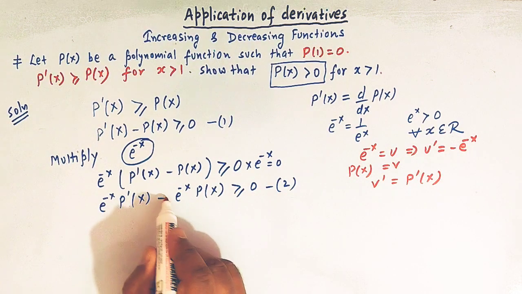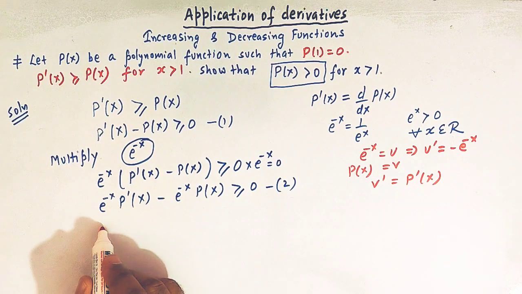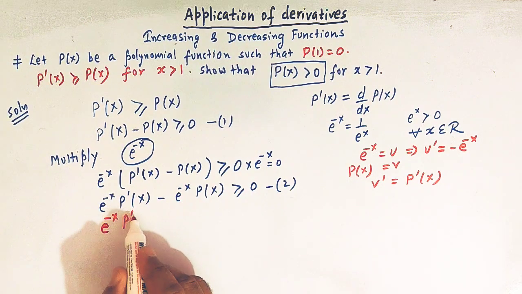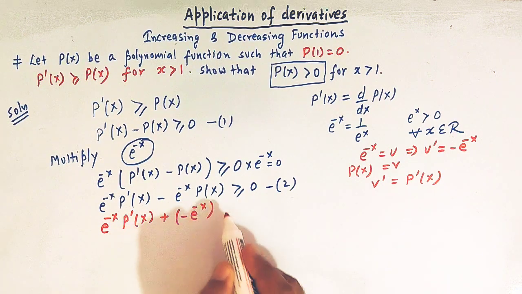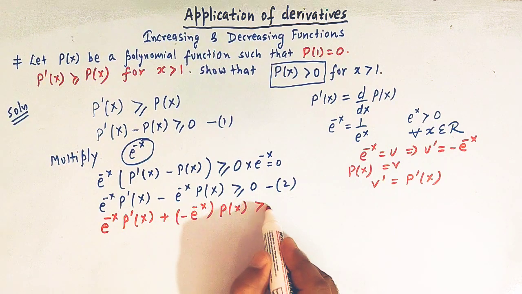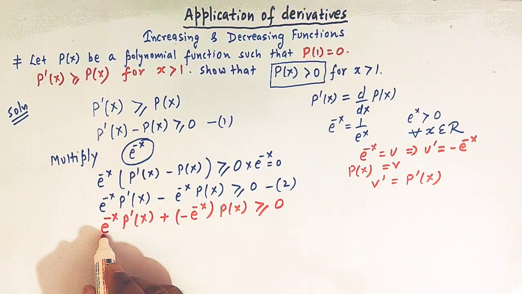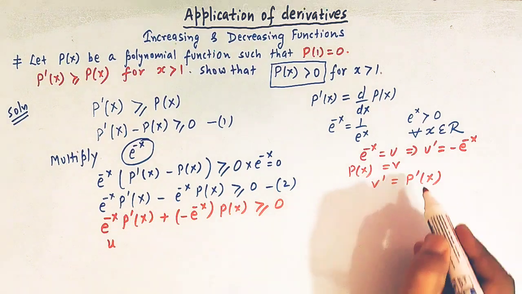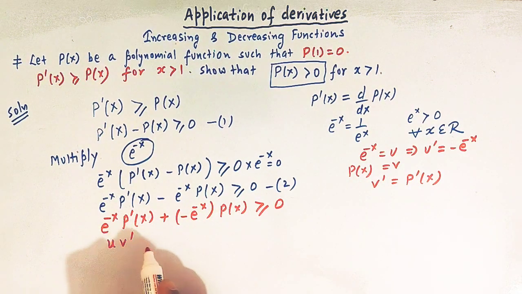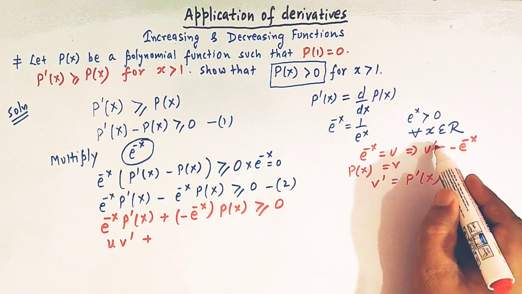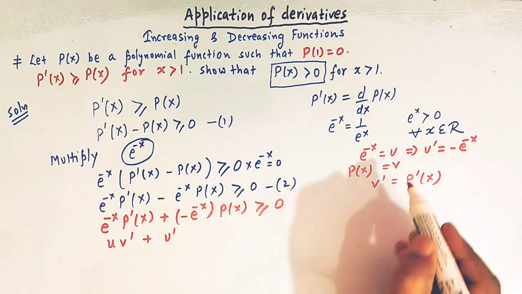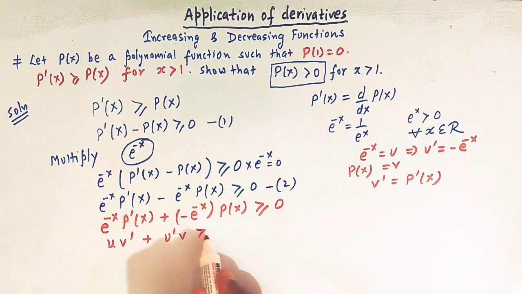So here we can write this expression as e raised to minus x times p prime of x, then minus e raised to minus x times p of x, that is greater than or equal to 0. Now e raised to minus x we can write as u, and p prime of x can be replaced by v prime, then minus e raised to minus x can be written as u prime, and p of x is v, and that is greater than or equal to 0.